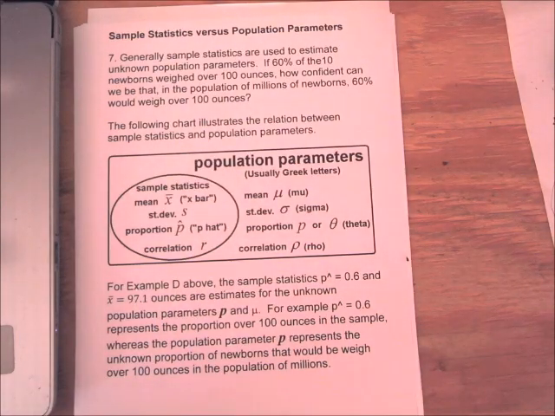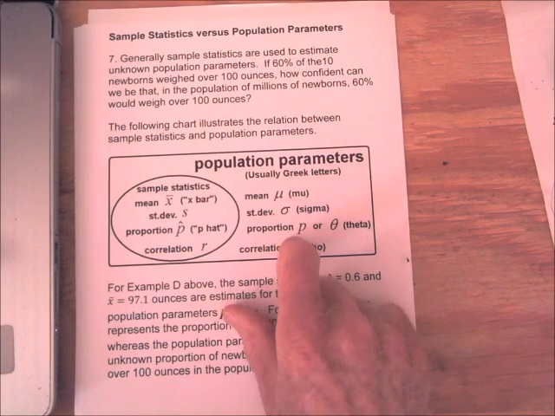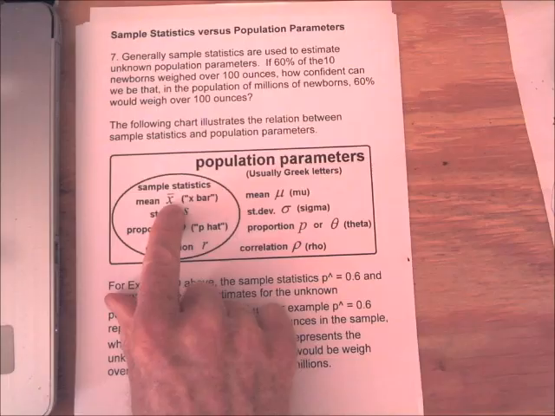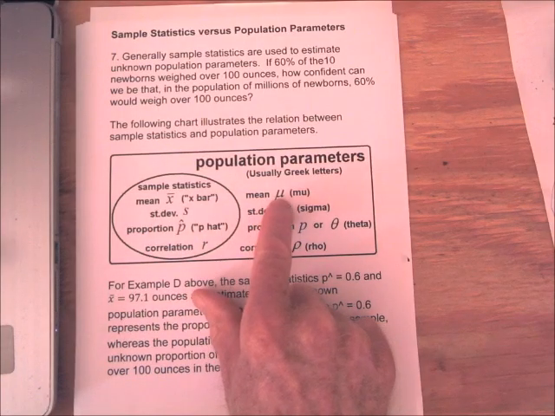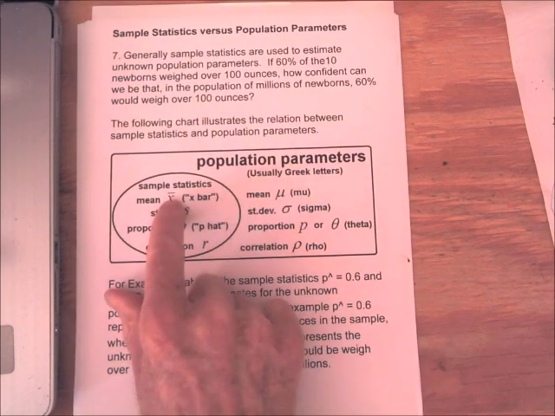Usually the sample statistics are based on data from a sample of a few hundred or a few thousand people, and they're estimates for the unknown population parameters.